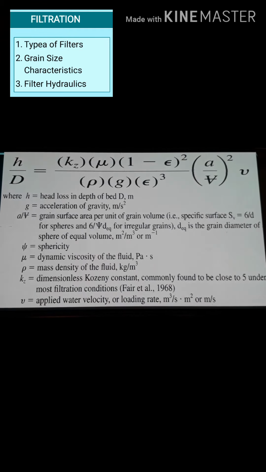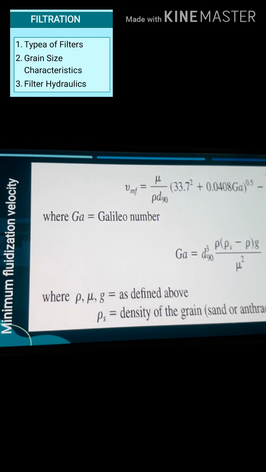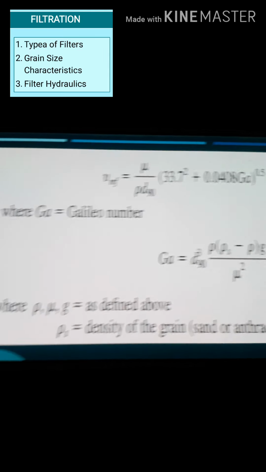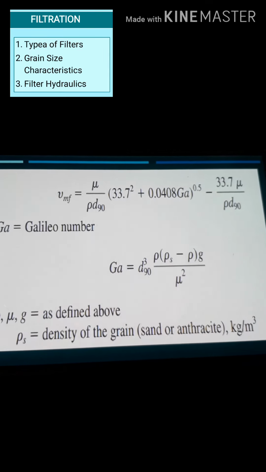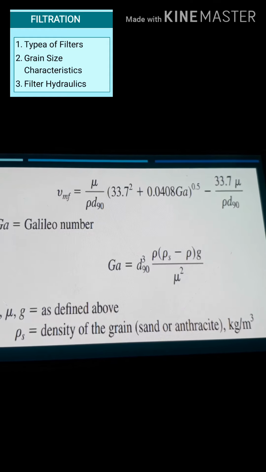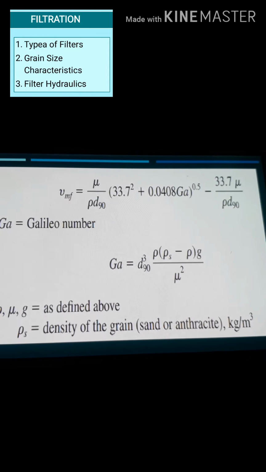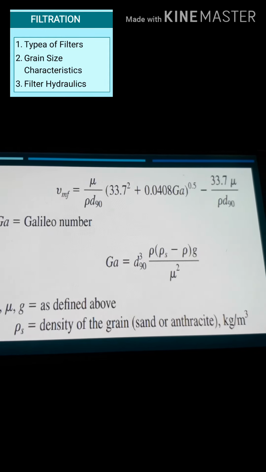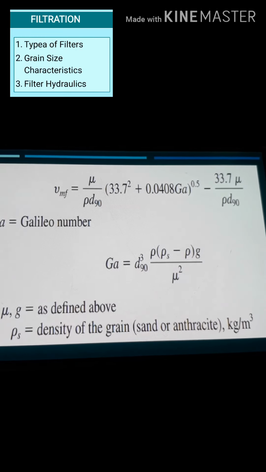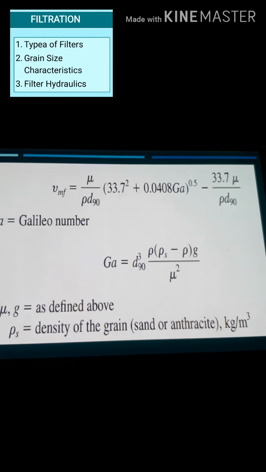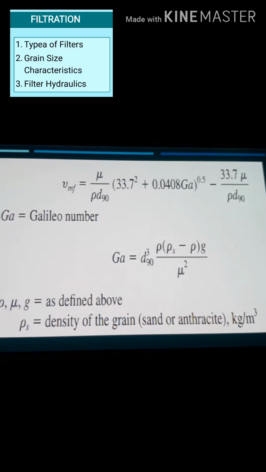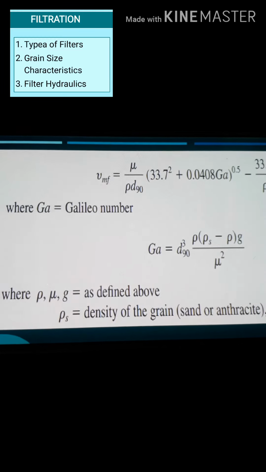For our minimum fluidization velocity, V sub mf is equal to mu over density D90 times the square root of 33.7 squared plus 0.0408 Ga, raised to 0.5, minus 33.7, where Ga is the Galileo number.